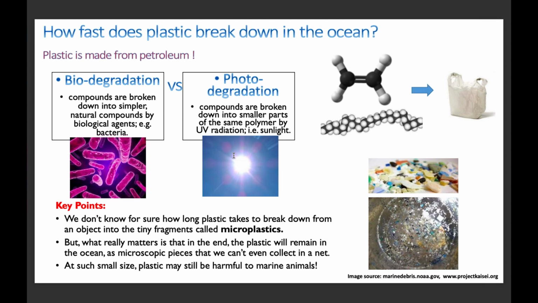So it doesn't degrade completely. It is broken down into small fragments, and then into microplastics and nanoplastics, but it doesn't go away. It stays there in the system, and that is the big worry point. And we all know that even these small plastics are extremely harmful to the marine ecosystem as well as to humans.